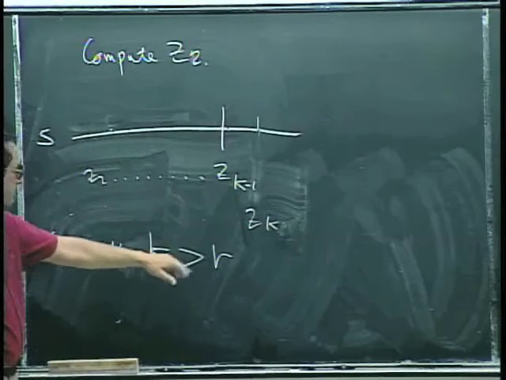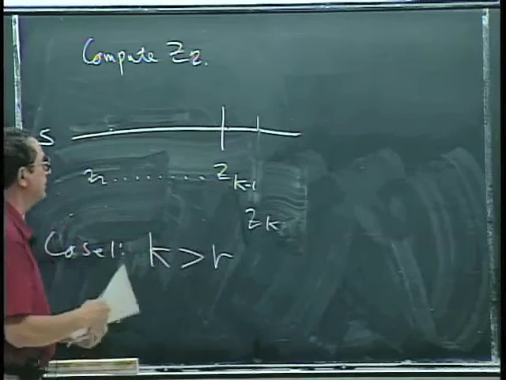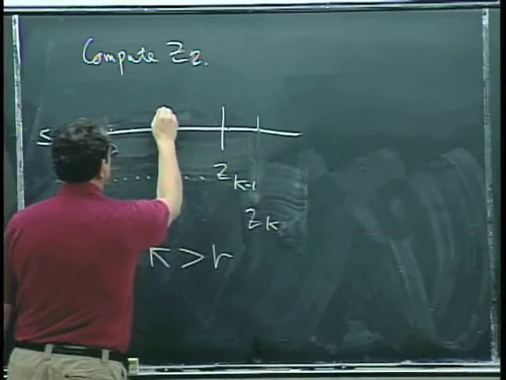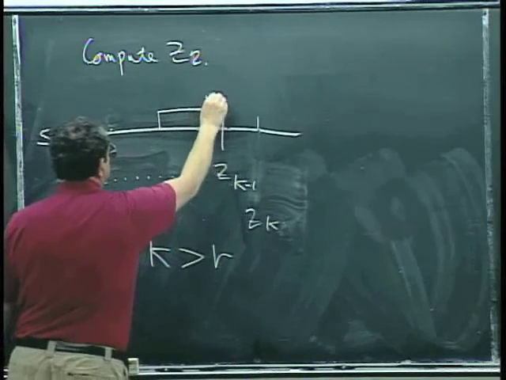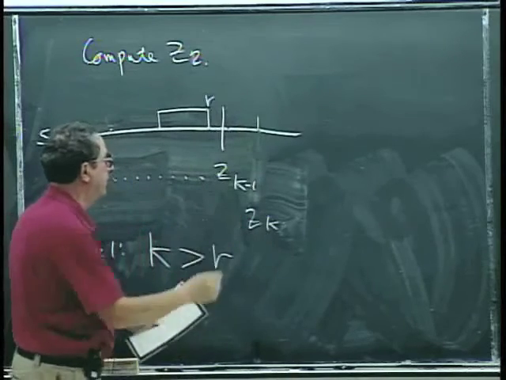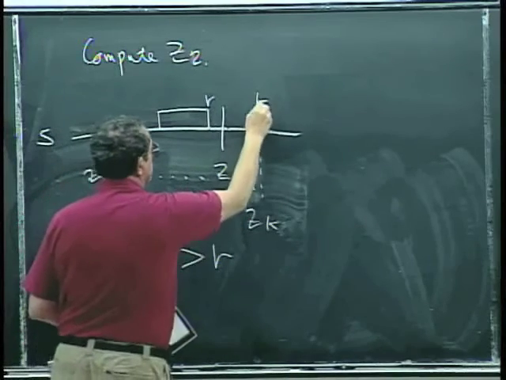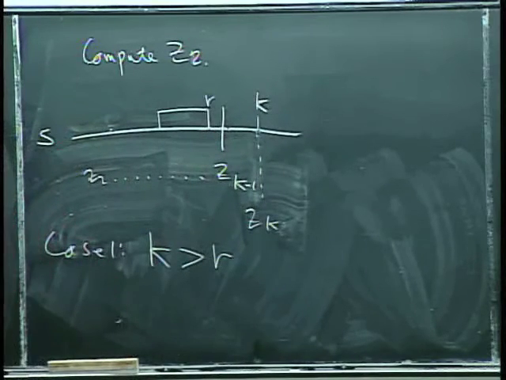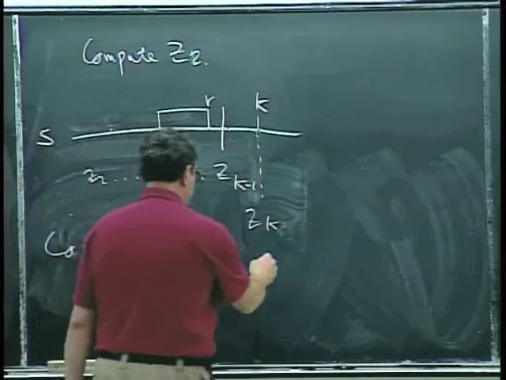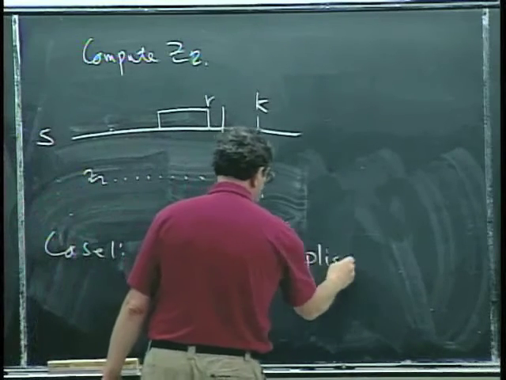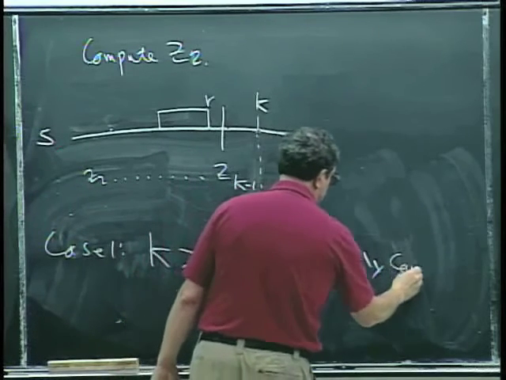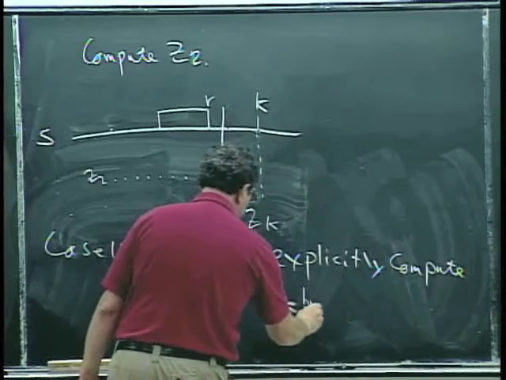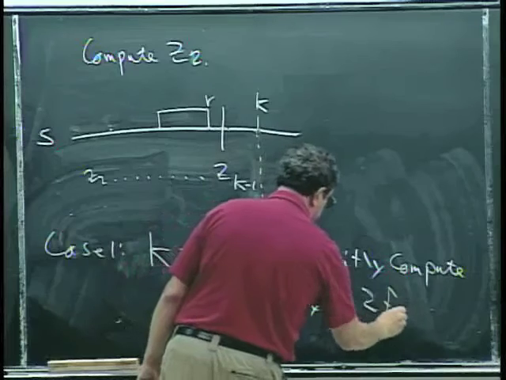If K is bigger than R, that means that the rightmost Z box, the Z box that ends farthest to the right, does not go as far as position K. So K is strictly to the right of R. And what we do in that case is explicitly find or compute Zk by the two-fingered algorithm.